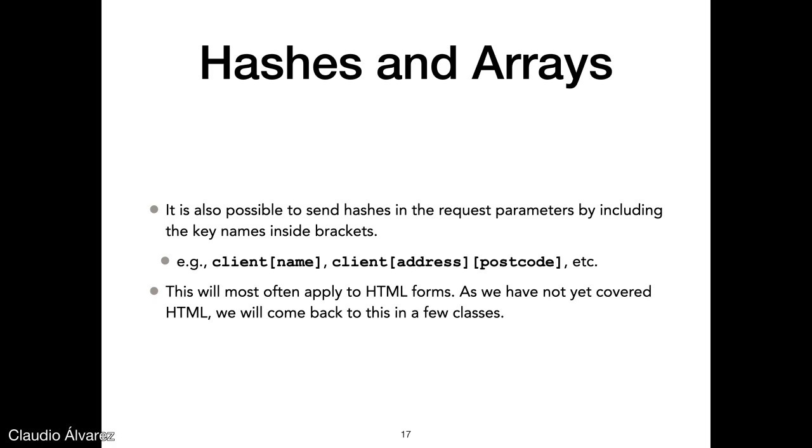So this requires a little more knowledge to be understood. I still have to explain HTML forms to you, and once we go through HTML forms, you'll be able to understand how to use these hash parameters in regular POST or PATCH requests.